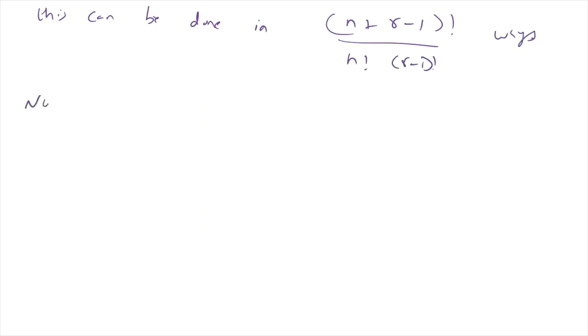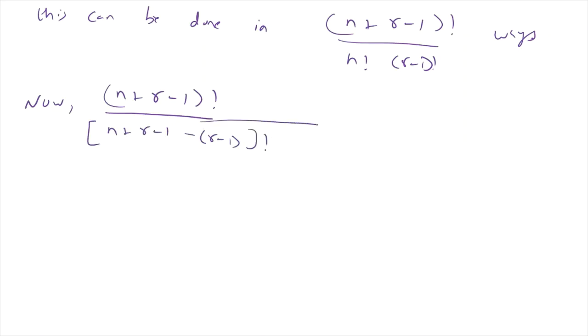Now n plus r minus 1 factorial upon n factorial times r minus 1 factorial, I can write it as n plus r minus 1 minus of r minus 1 factorial times r minus 1 factorial. Now it is in the form of n choose r.